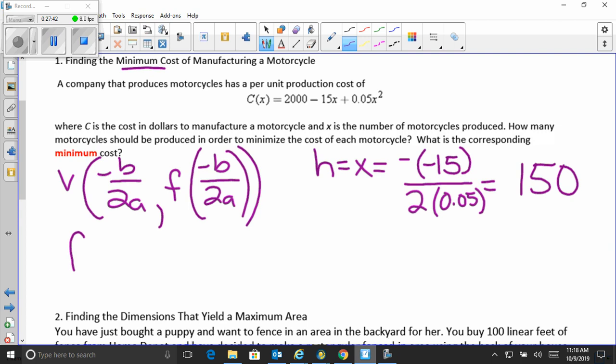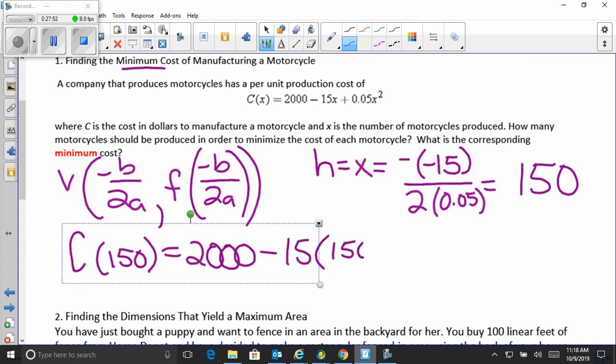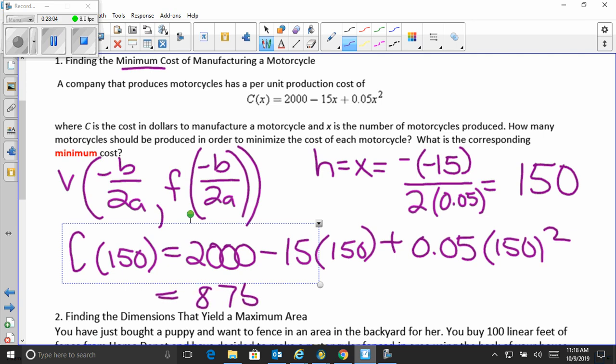So we're going to plug that into our function C. C of 150 is equal to 2,000 minus 15 times 150 plus 0.05 times 150 squared. And when you do that, you get $875. So that right there.